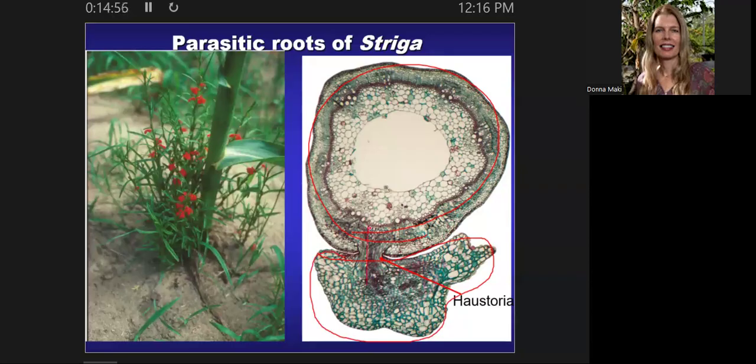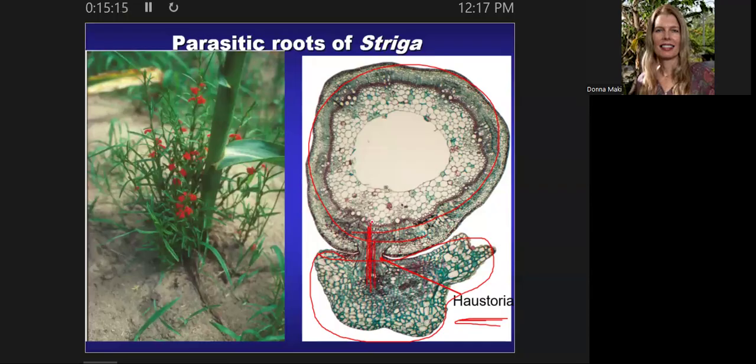And what it's doing here is it's plugging in, they call it a haustoria. You don't need to know that. That's just a specialized structure that parasitic, well, not just parasitic, any organism that creates a special intrusion mechanism to tap into, in this case, the corn plant.